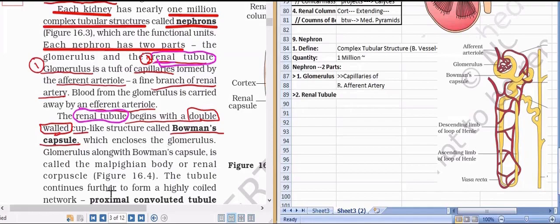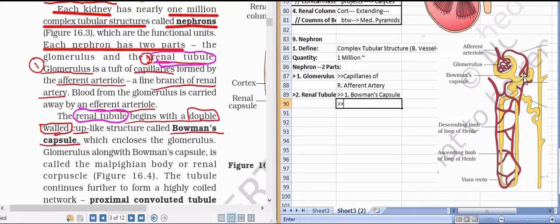Next is PCT, which will be explained. Let's make it number one. Bowman's capsule. Further, we'll explain that it is continued by the PCT. See, this is going.